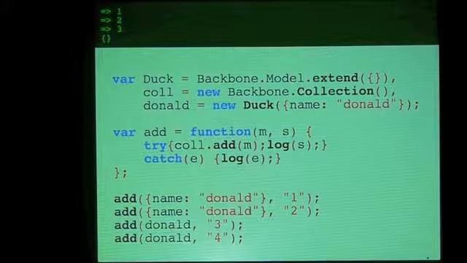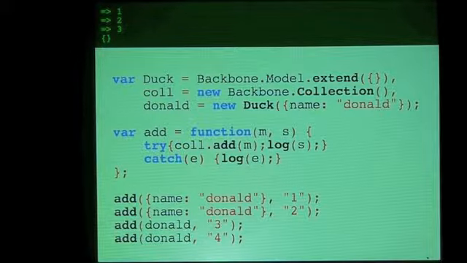I got to 1, 2, and 3, and then my logging is jacked up, but I failed right here on the fourth one. So what happened here is on my first add, I added name Donald, and I added the second name Donald. When I added these, it saw these as two separate instances. Each add created a new client ID.